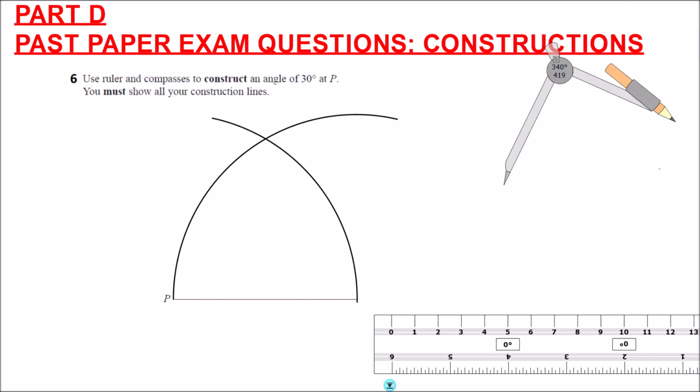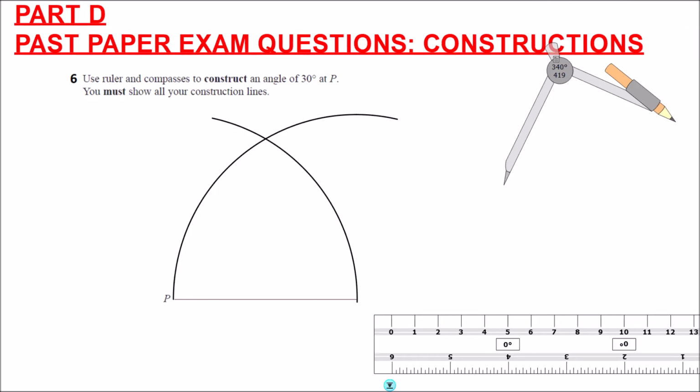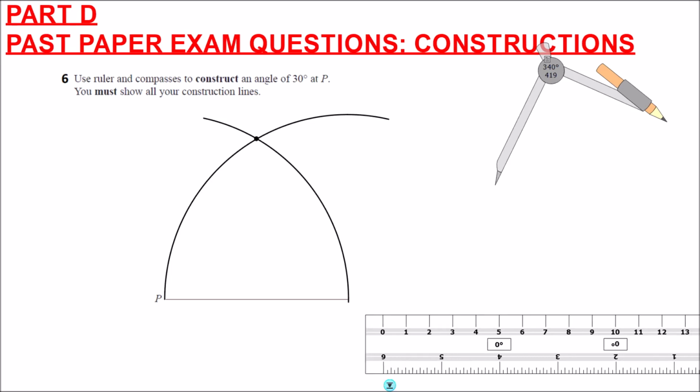So where they've crossed over, we're now going to do with a ruler. We're going to join these up to either end of the initial line we had. And by doing that, we've made a 60-degree angle. So that's 60 here. If you want to, you could do it on the other side as well, but you wouldn't really need to. So just for the fact you wouldn't need to, I'm just going to do that in a dotted line.